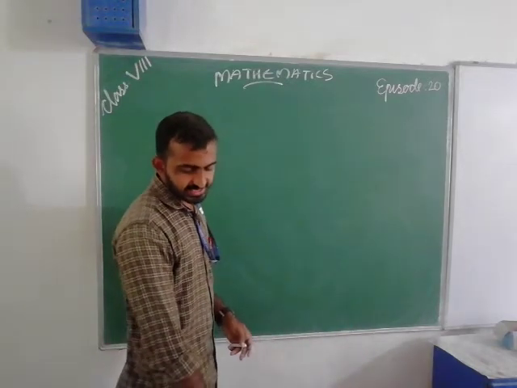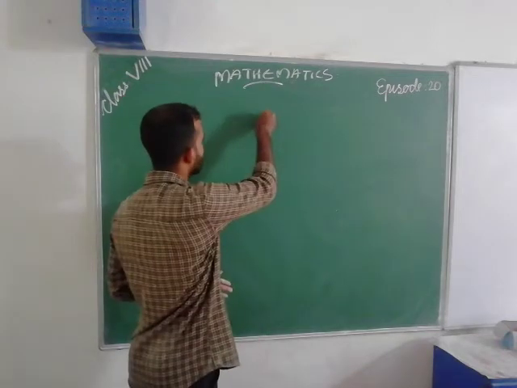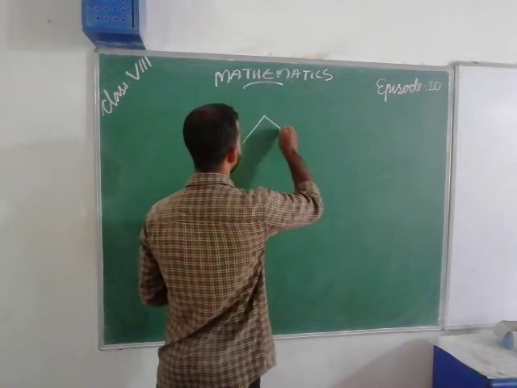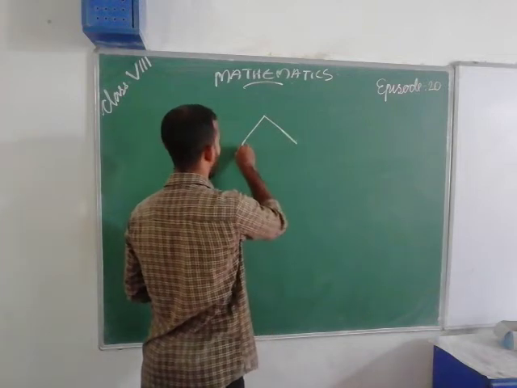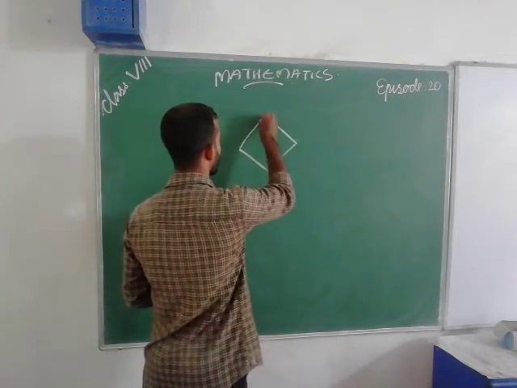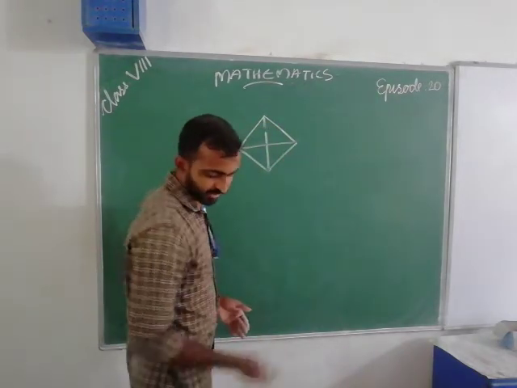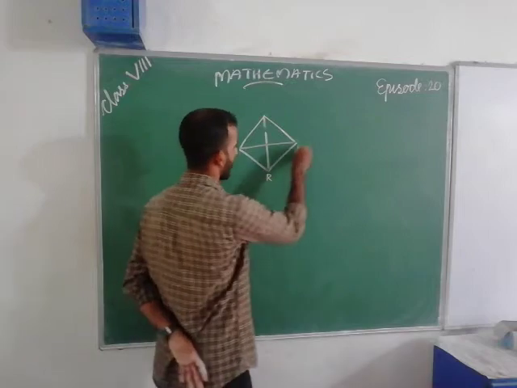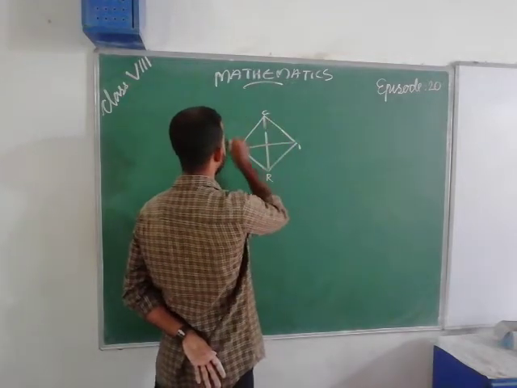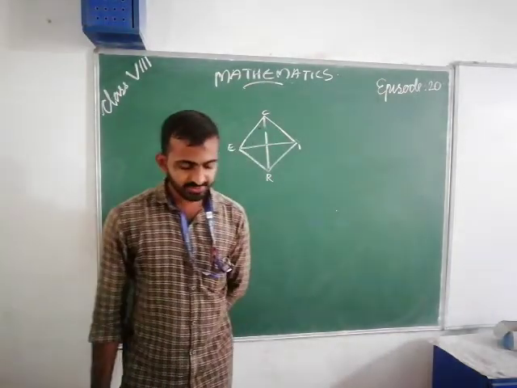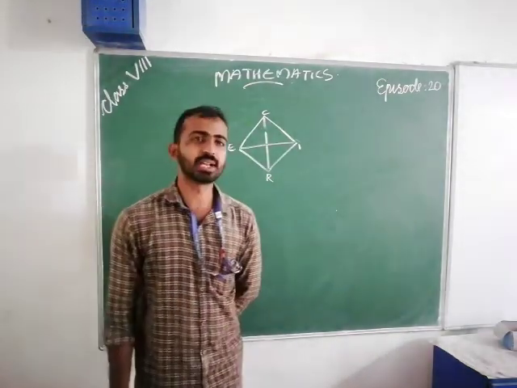Next, here is an example. RICE is a rhombus. Find x, y, z.